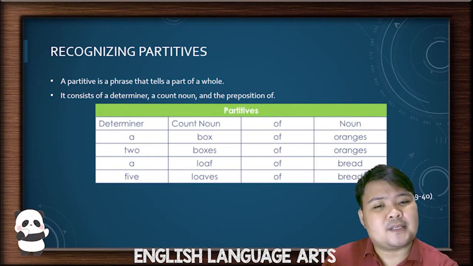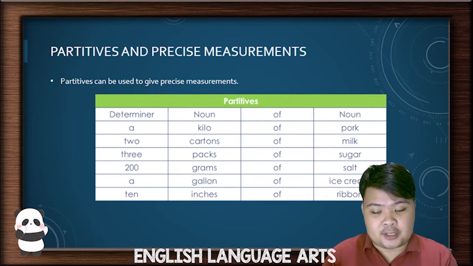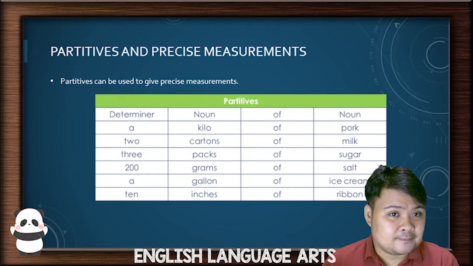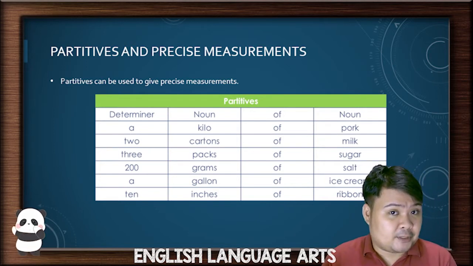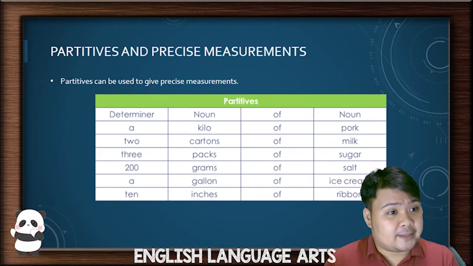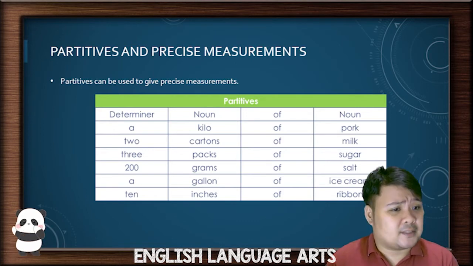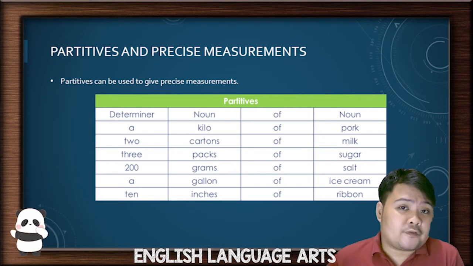Now, there are specific things that you could use partitives for. You could use them to give precise measurements, such as the examples over here. If you'd like to give an exact measurement of pork, you say a kilo of pork. 2 cartons of milk, 3 packs of sugar, 200 grams of salt, a gallon of ice cream, and even 10 inches of ribbon.